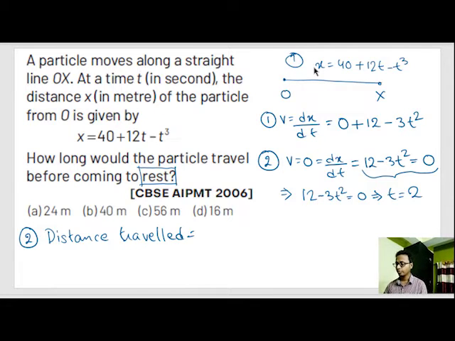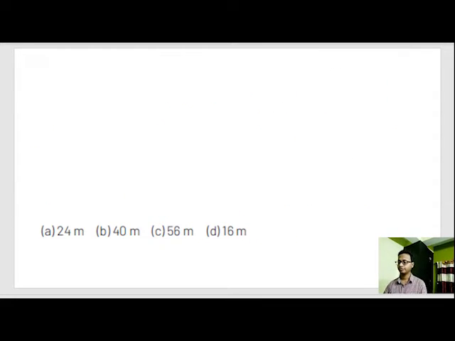So let's solve it. Or x at t equal to 2 minus x at t equal to 0.